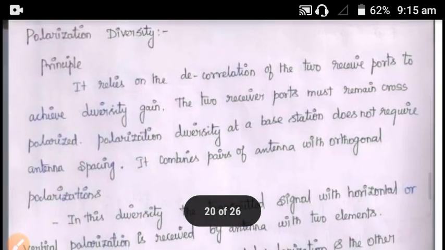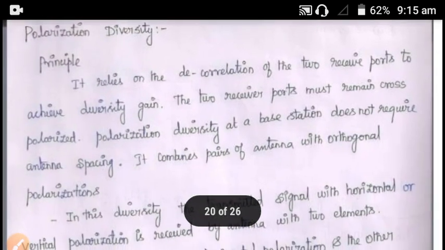The next one is the polarization diversity. Here in this polarization diversity, it will be based on the polarization. There are two types of polarization, horizontal as well as vertical polarization.